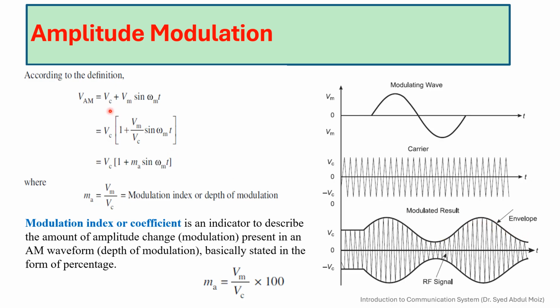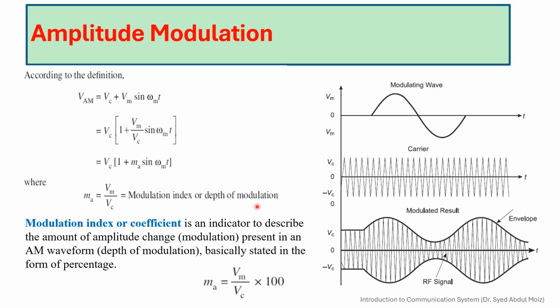So when we take the carrier amplitude Vc as common, our equation becomes Vc(1 + (Vm/Vc) sin(omega_m t)). And now we introduce another terminology, which is called ma, the modulation index or depth of modulation.